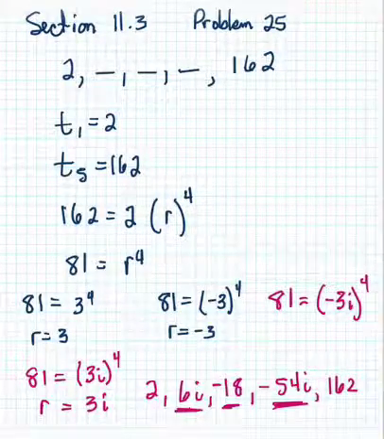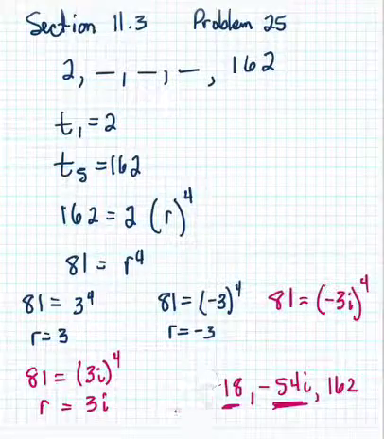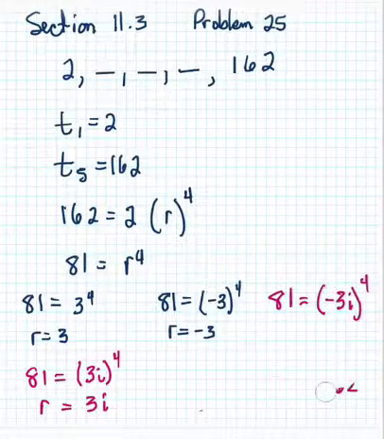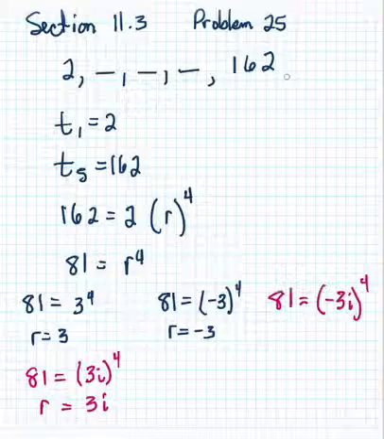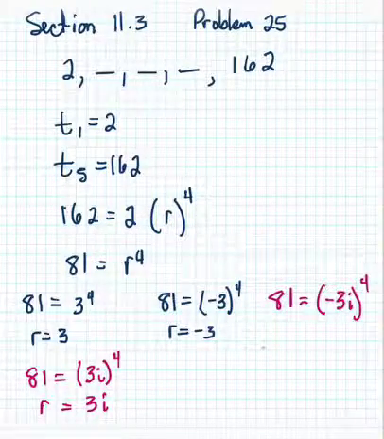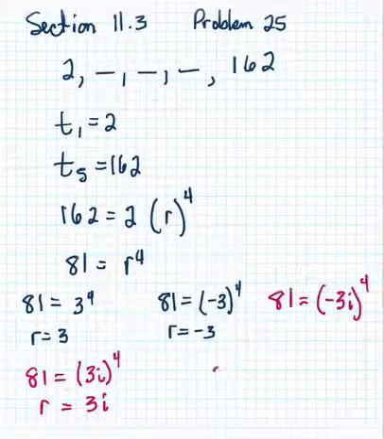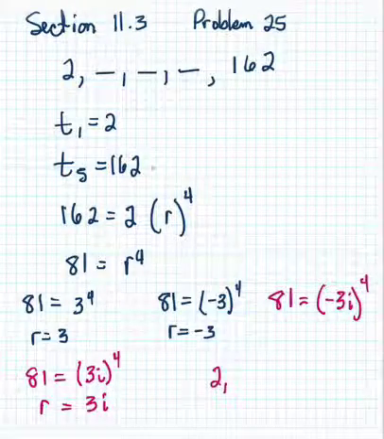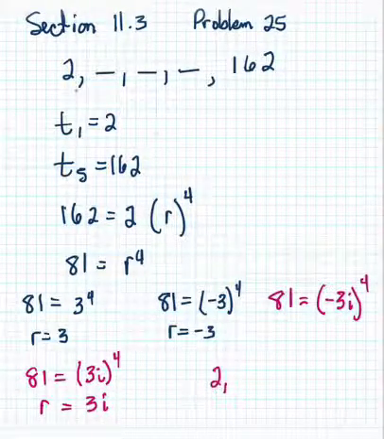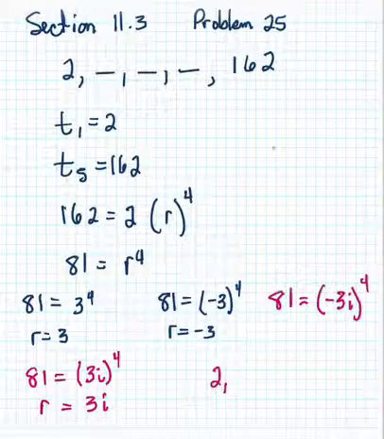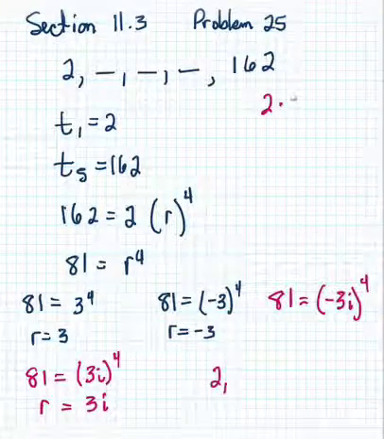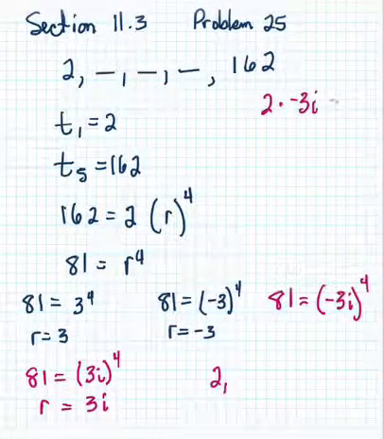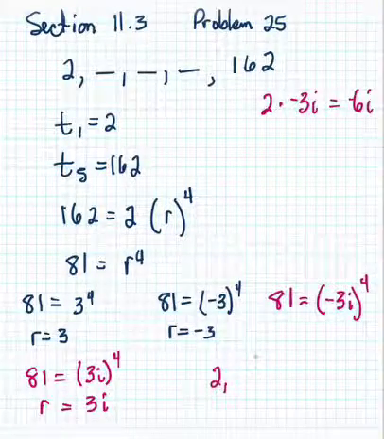So let's see what we get here. We would get 2, of course, as our first term, it's a given. Then 2 times negative 3i is negative 6i.